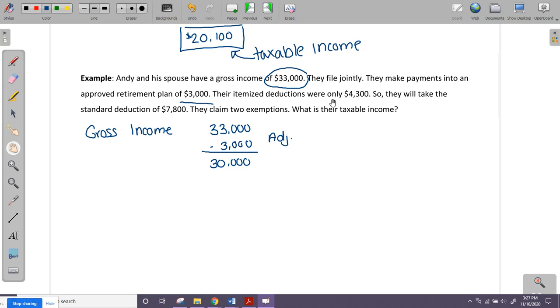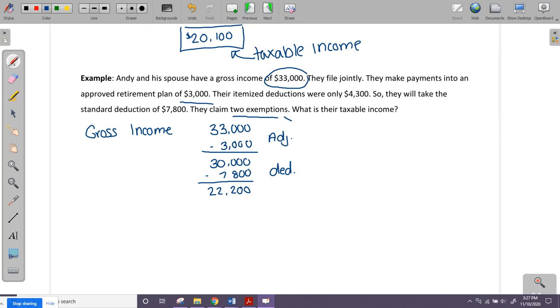So we can take the standard deduction of $7,800. We're going to subtract that, and when we subtract that, we get $22,200.